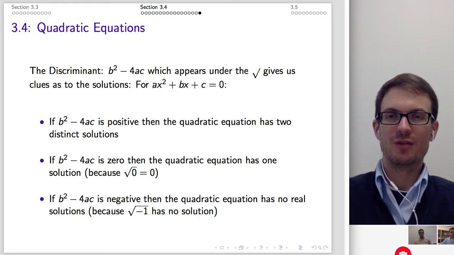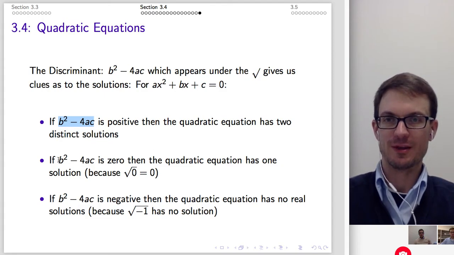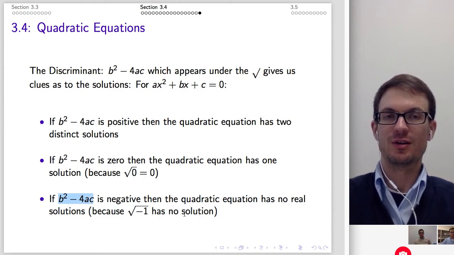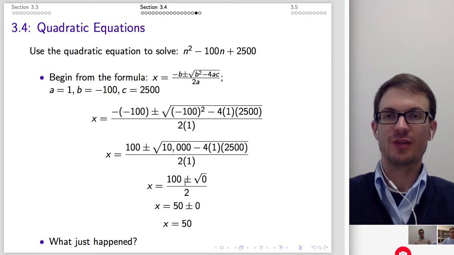So if we just have the quadratic equation and we look to find b squared minus 4ac, we can calculate, is this discriminant positive? If so, there's two distinct solutions. Is it 0, like it just was? Then there's one solution. Or is it negative? And then there's no real solution. So this can give us some clues, and that's useful.